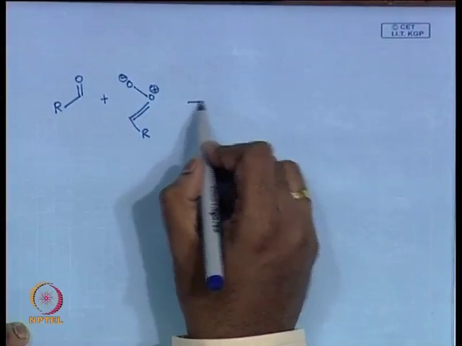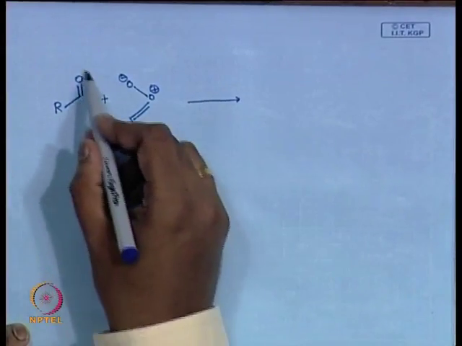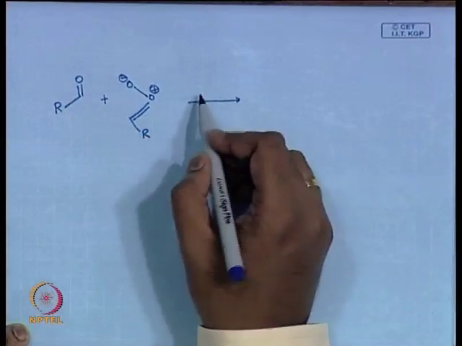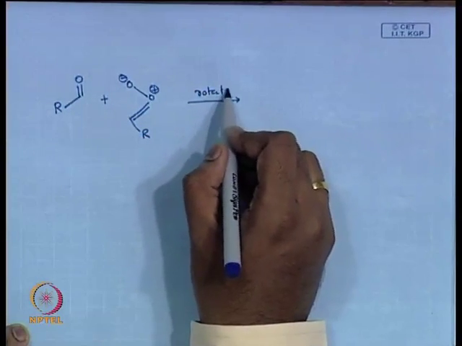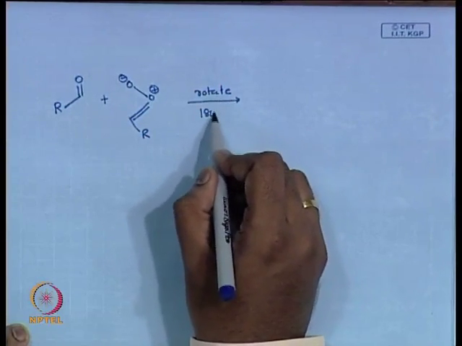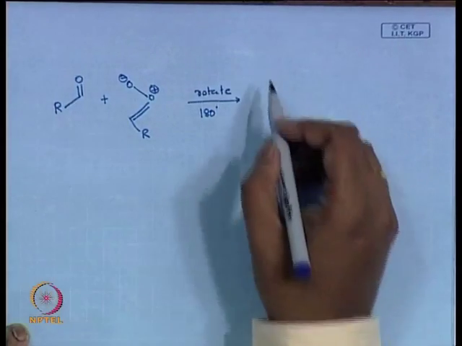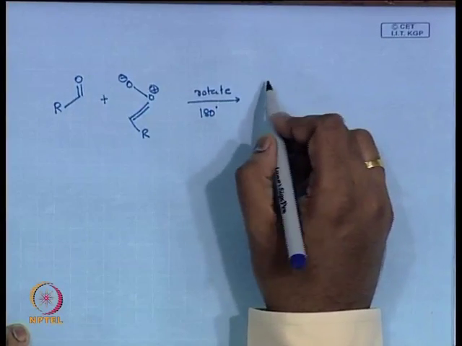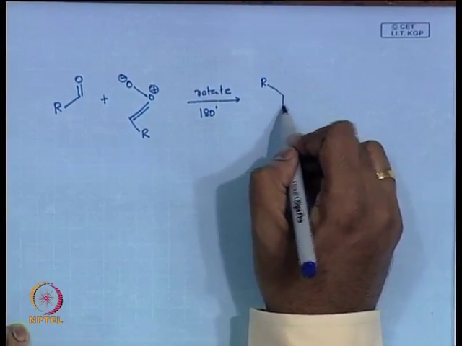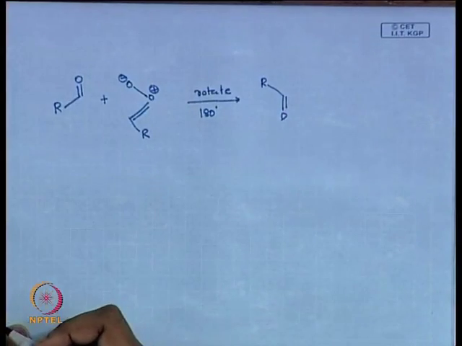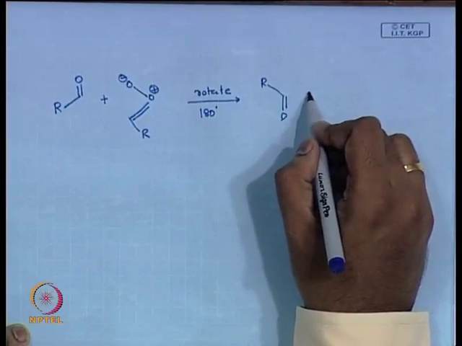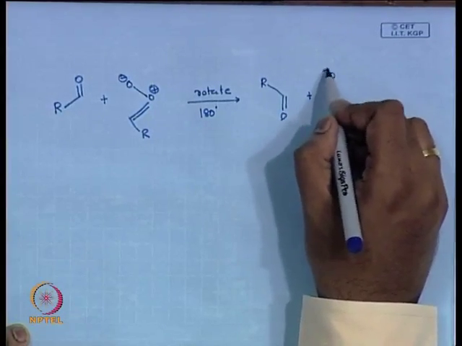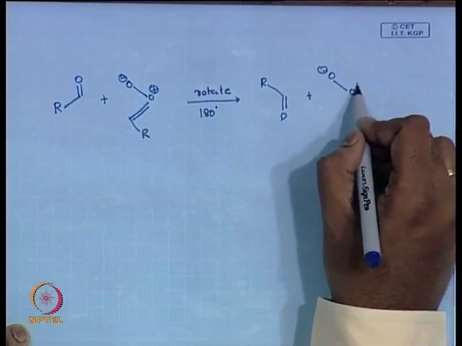It is very hard to recombine like that. What it undergoes, this particular substrate, this acyl radical rotates around 180 degrees. So, how can you write then? I get R like this plus O minus O plus.